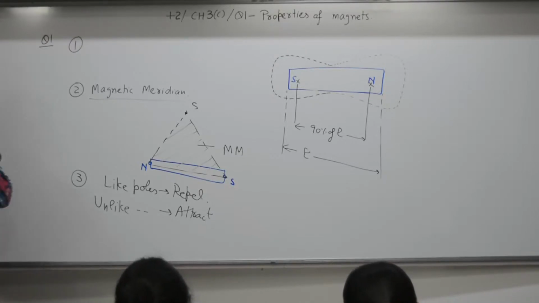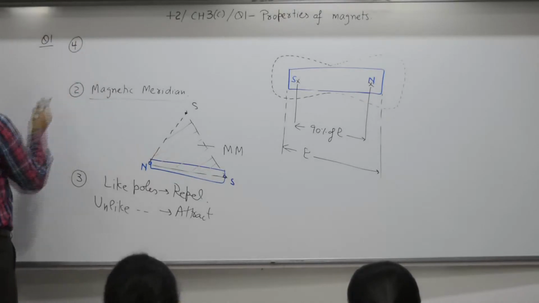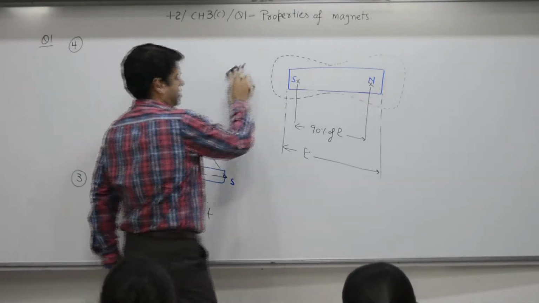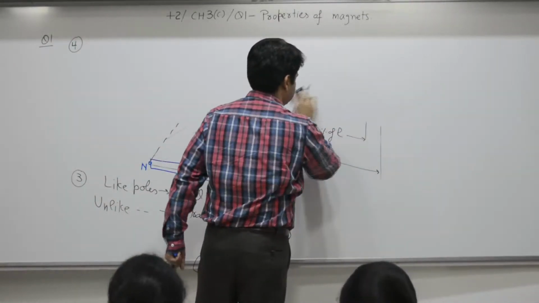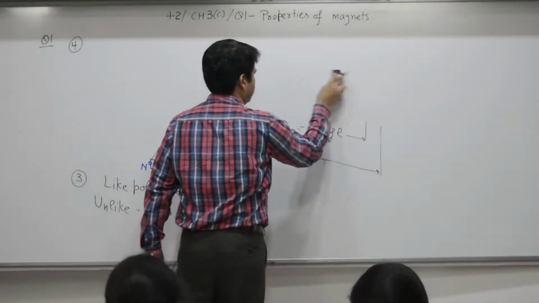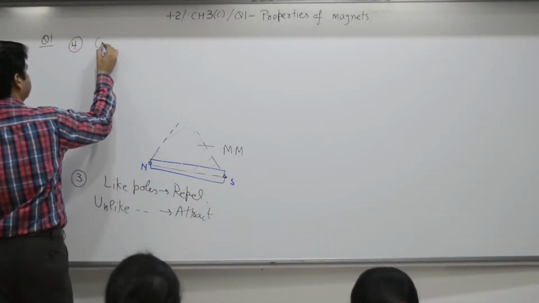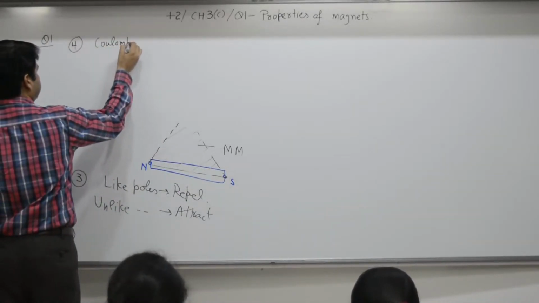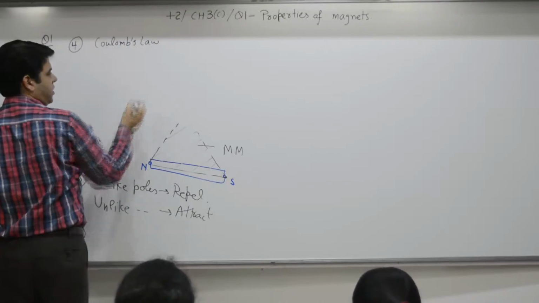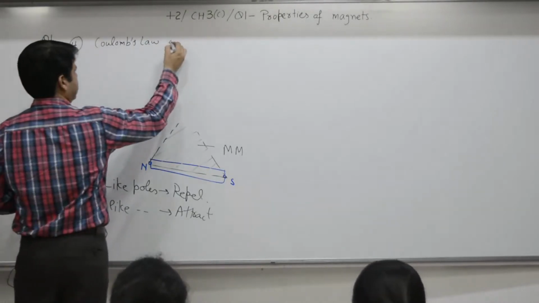Point number 4. If there are 2 charges, Coulomb's law, yes. For charges, here for magnets.